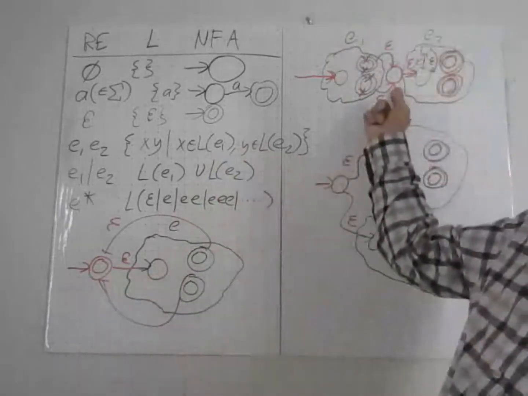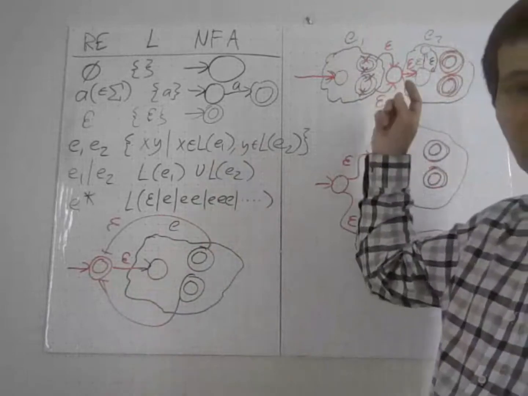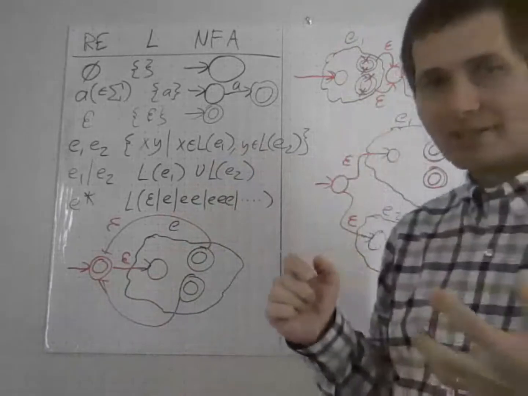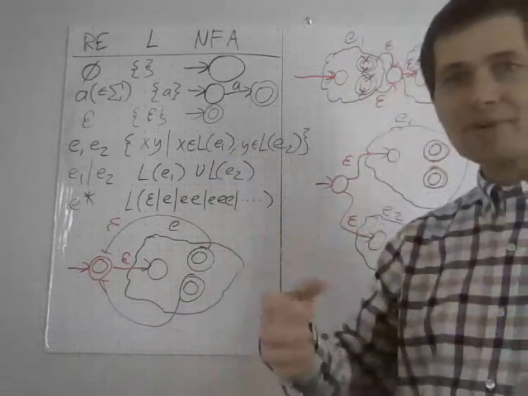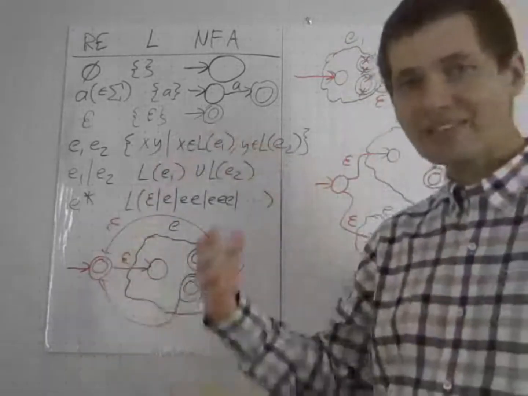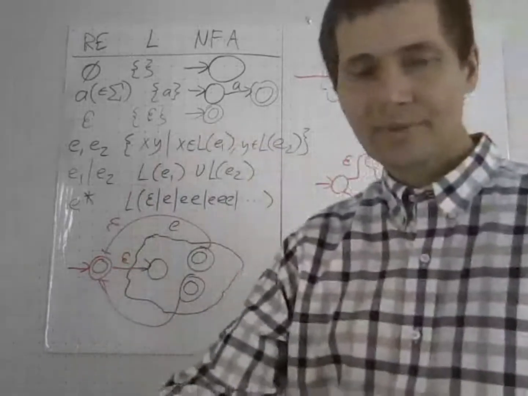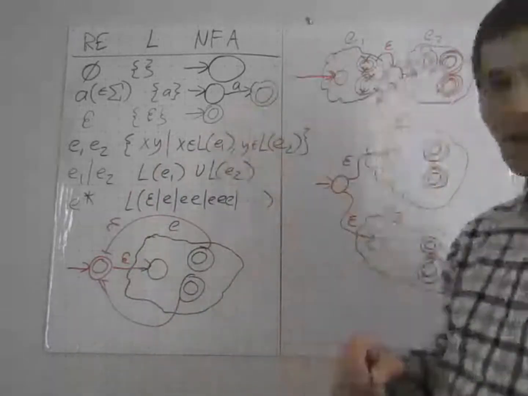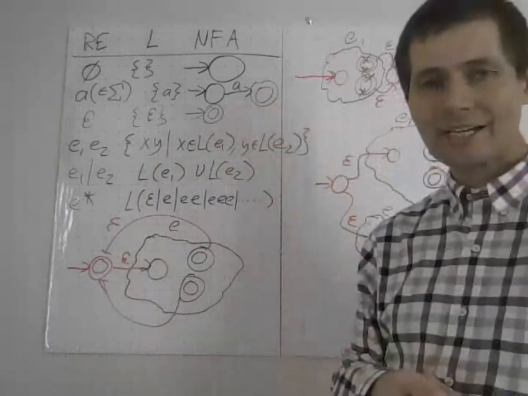I think here it's not necessary. I just do it anyway just to be safe, right? It's always safer to create new states than to try to mess around with existing states.